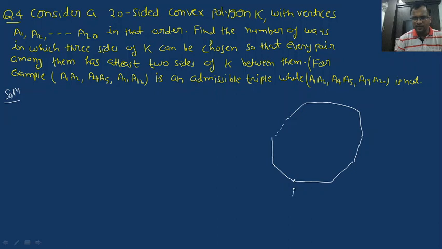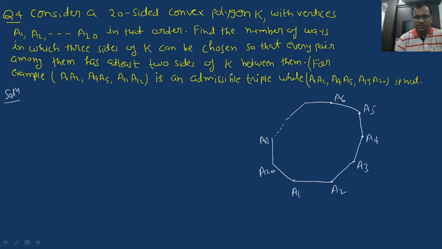This is the first vertex A1, A2, A3, A4, A5, A6. This is vertex A20. This is A19 and so on.